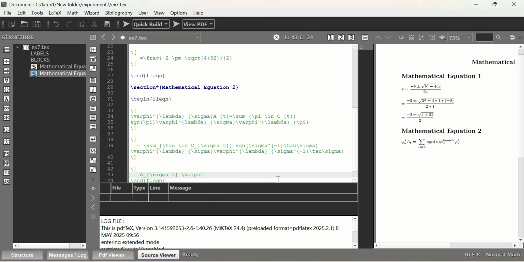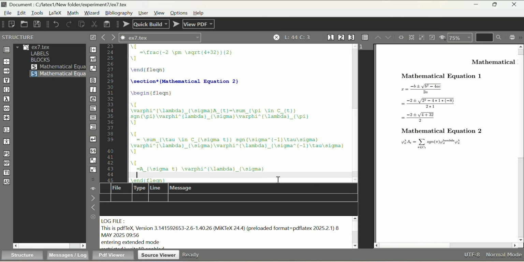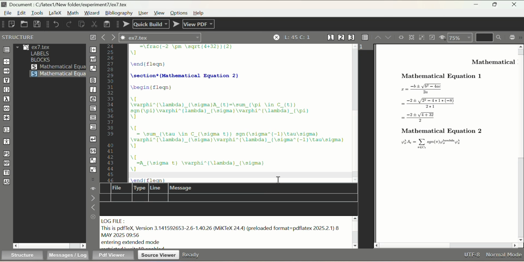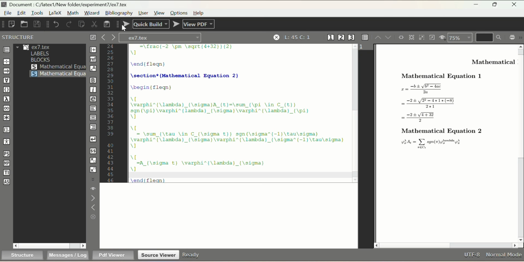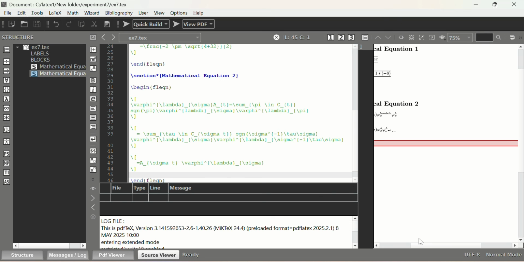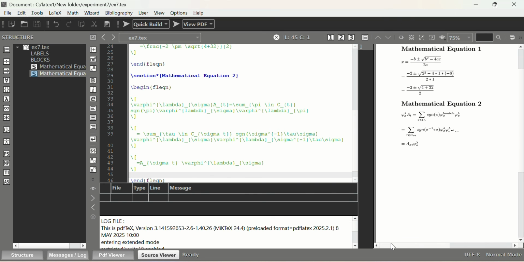A underscore sigma t phi, so A underscore sigma t phi lambda underscore sigma. Okay, so we have executed all the equations correctly.